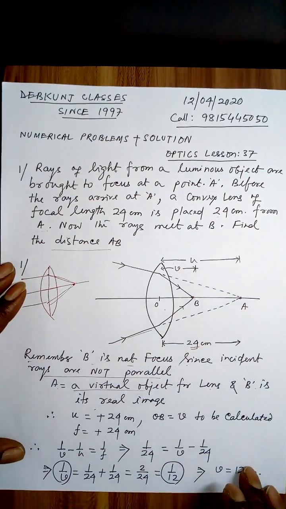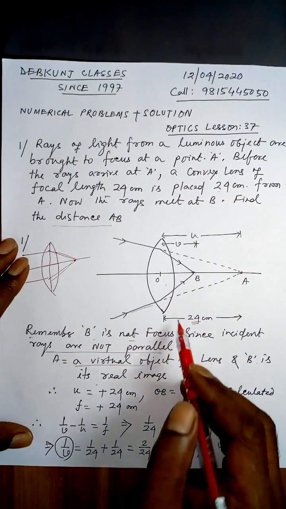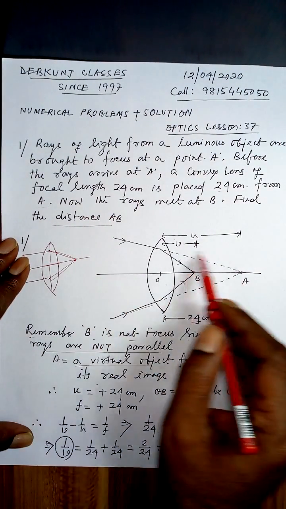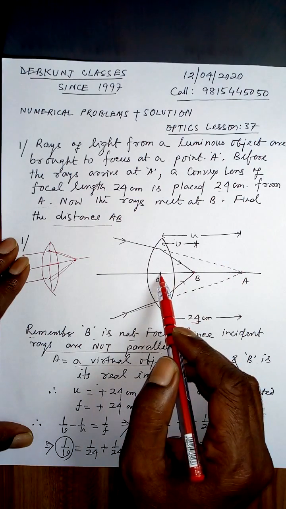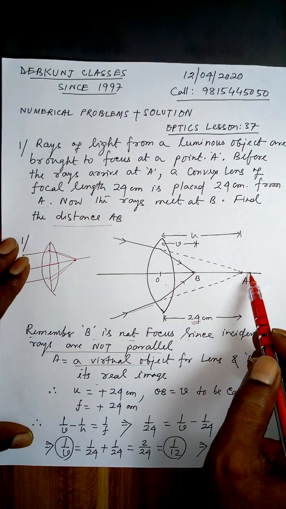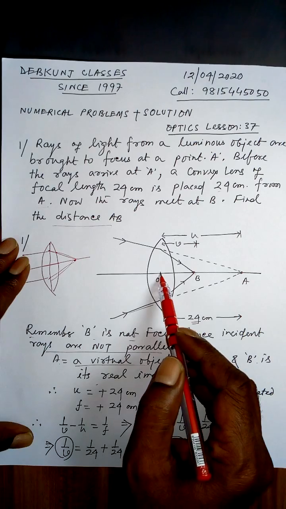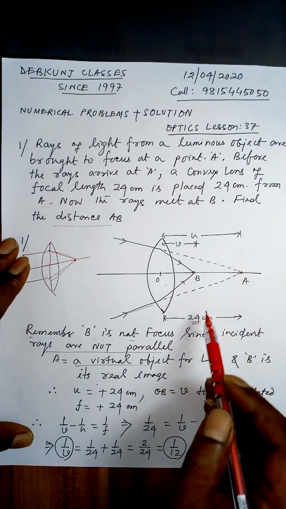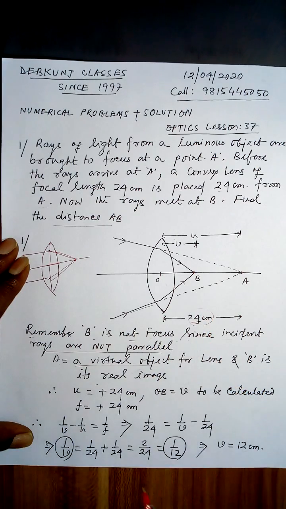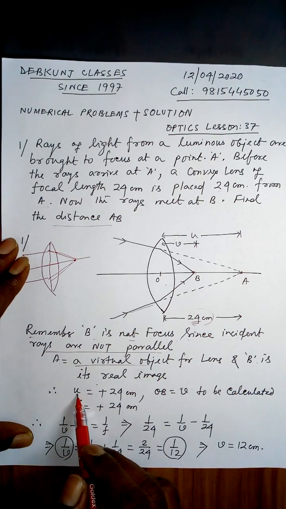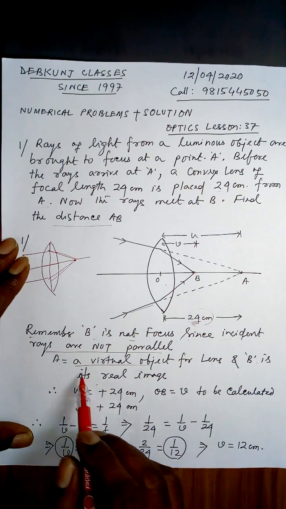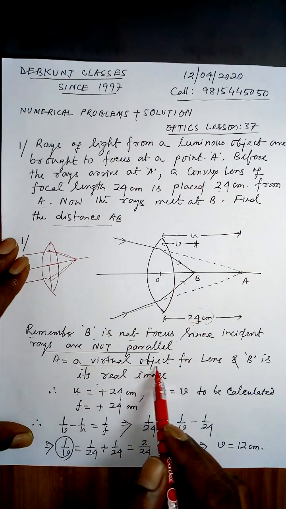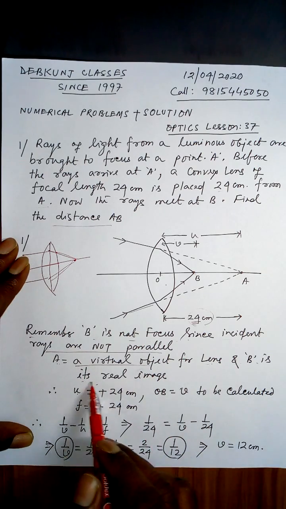Now, how to consider object distance and image distance? Light is traveling to the right side. So anything measured from O to this side is positive. Anything measured from O to this side is negative. So OA is object distance, that is positive 24 centimeters. A is a virtual object for the lens and B is its real image.